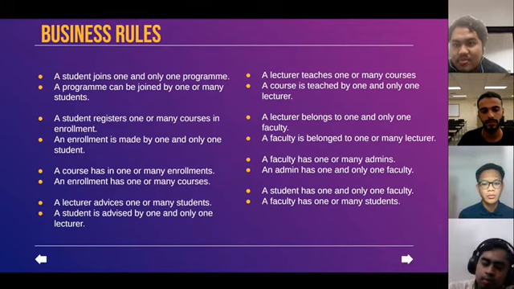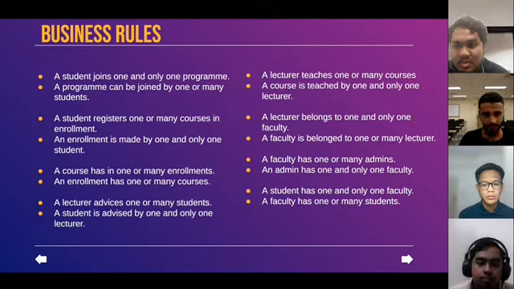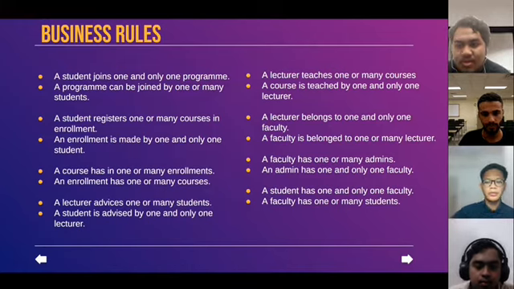The second point is the relationship between student and enrollment. A student registers one or many courses in enrollment, and an enrollment is made by one and only one student. The next point is the relationship between course and enrollment. A course has one or many enrollments, and an enrollment has one or many courses.